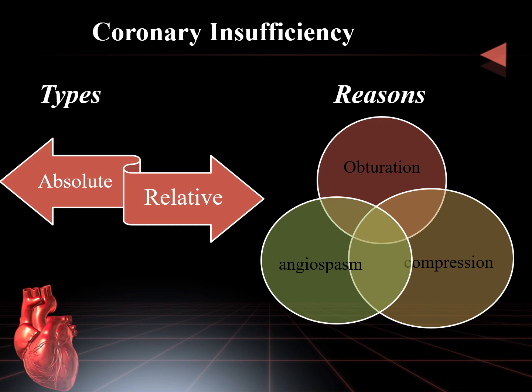And the third is compression, which occurs as a result of compression of the coronary vessels from the outside by a scar or tumor tissue. This condition can also occur in tachycardia, because with accelerated systole, the duration of compression of the coronary vessels increases.